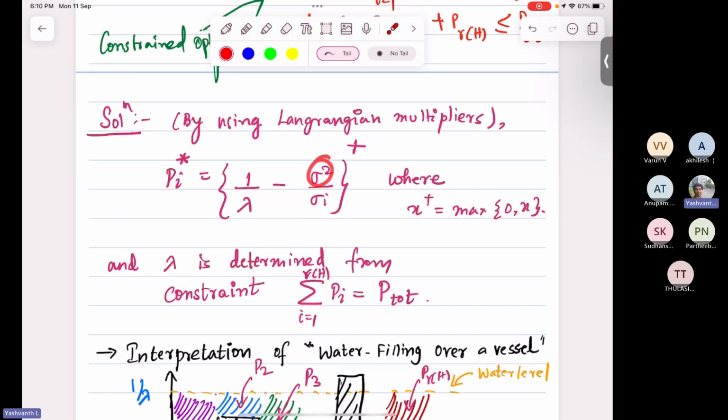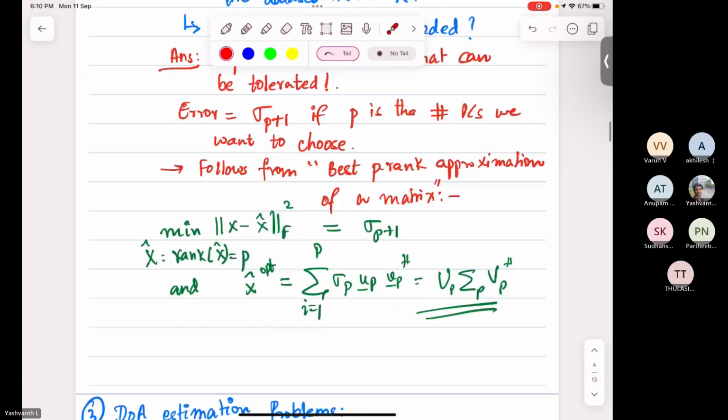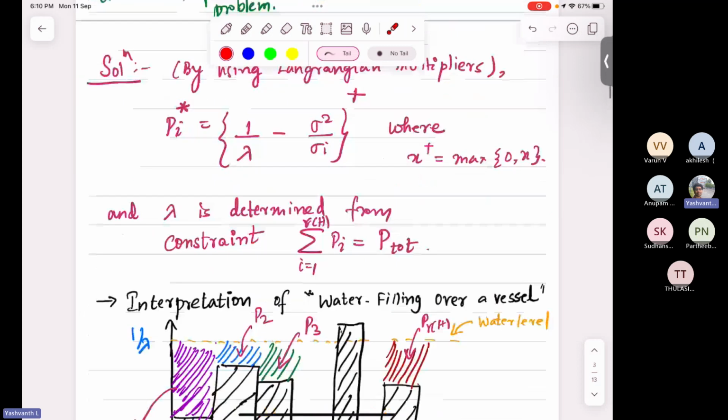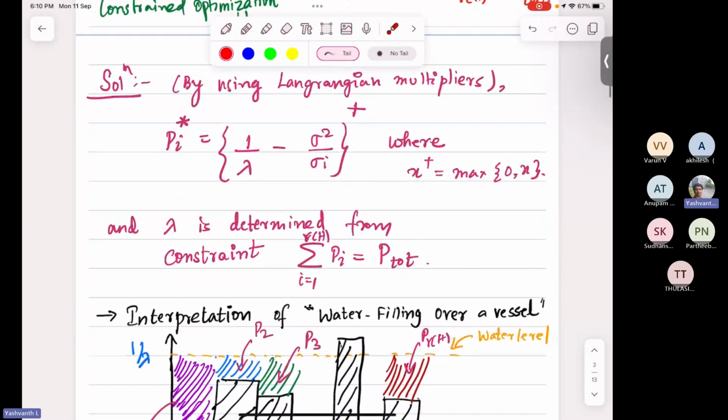Sigma square is the noise variance, and sigma_i is the singular value of the ith stream, so this is basically sigma_i square, not sigma. Just a minute. This is supposed to be sigma square, sigma_i square, not sigma.